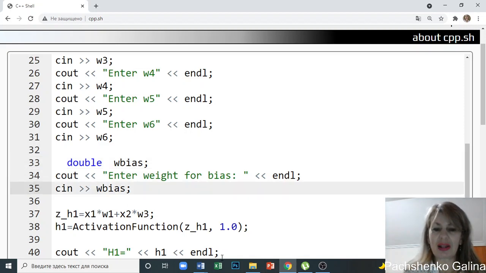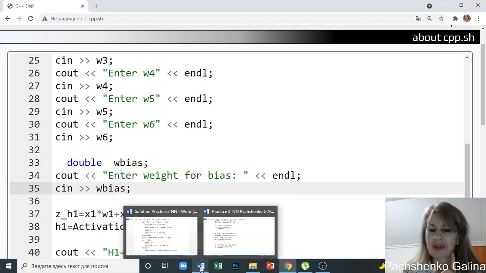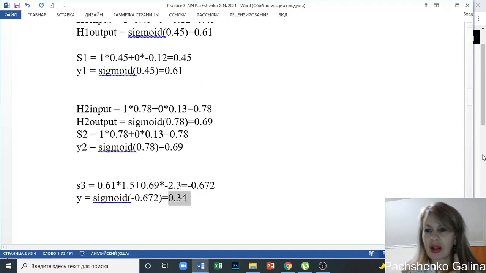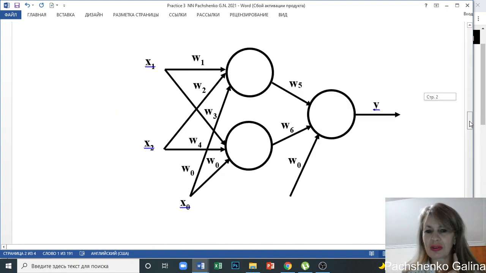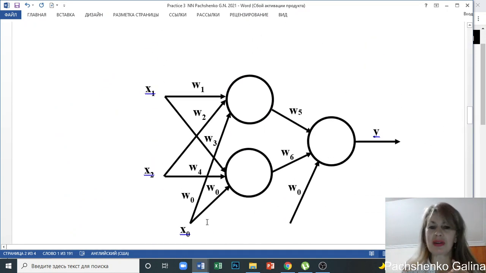And let's check our picture, our figure. Okay, here we have an additional weight to each neuron: to neuron number 1, an additional weight to neuron number 2, and an additional weight to neuron number 3.